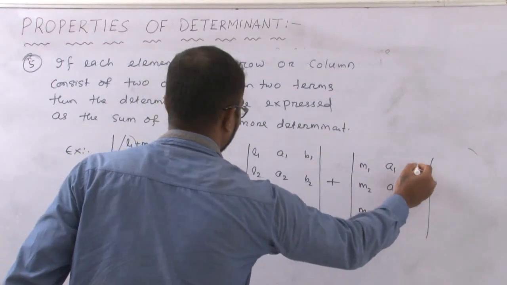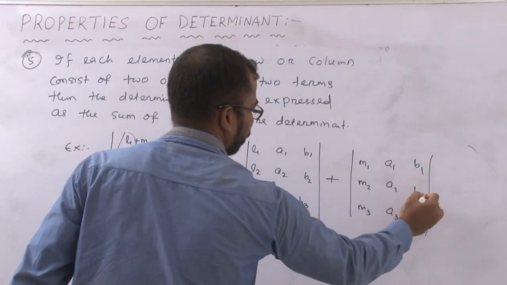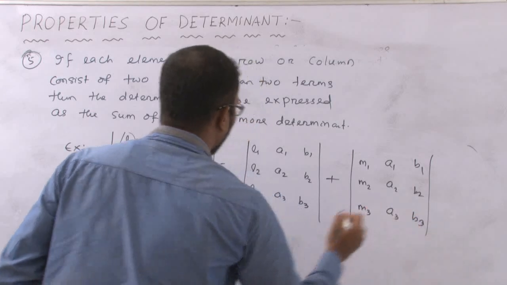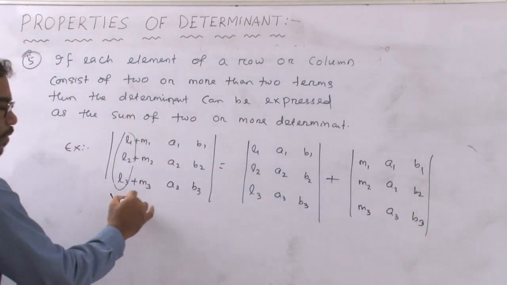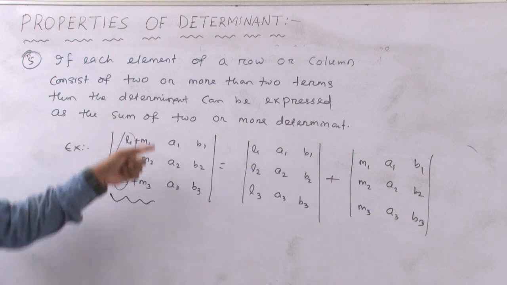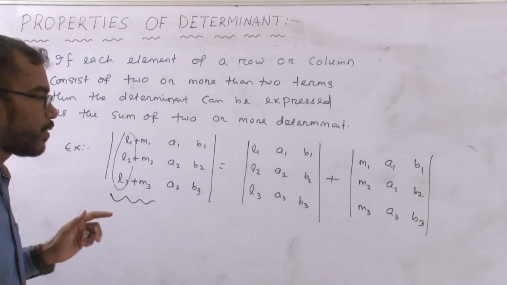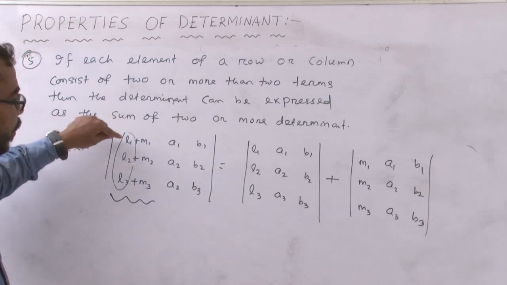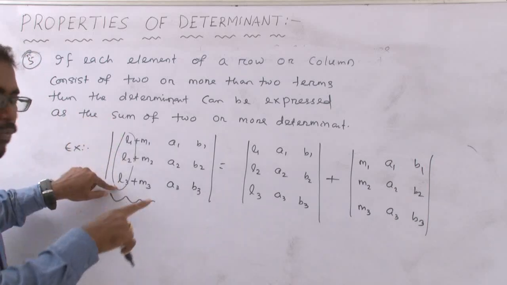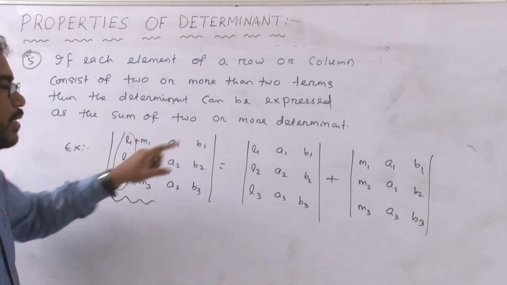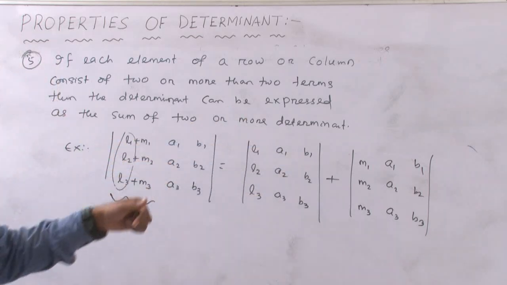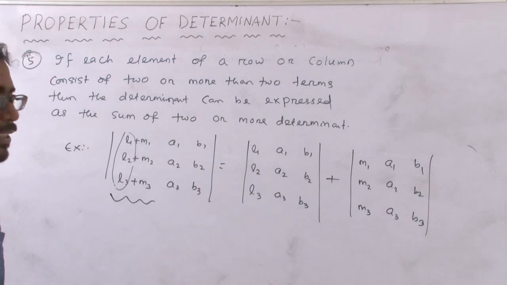The other columns remain the same because we can break only the first column. We break the first column because there is an addition of two elements there. So L1, L2, L3 is one part and M1, M2, M3 is the other part. So we can break it into two determinants.